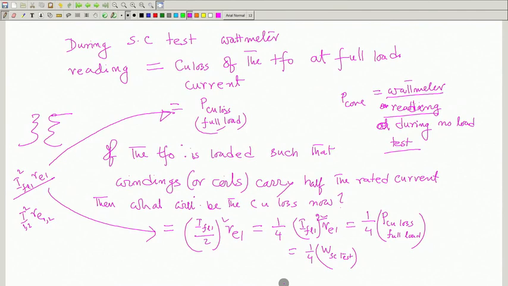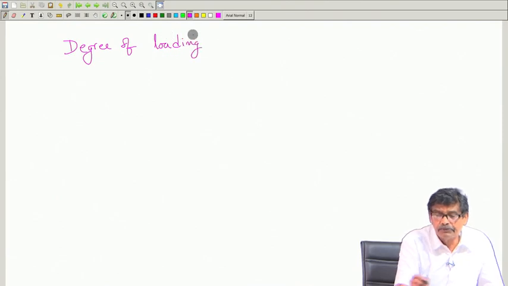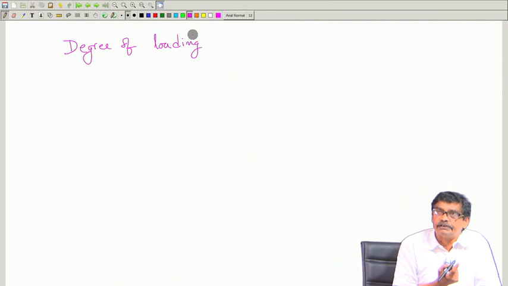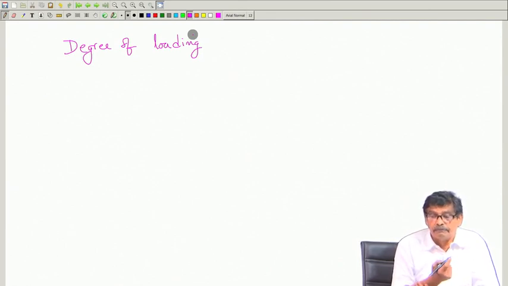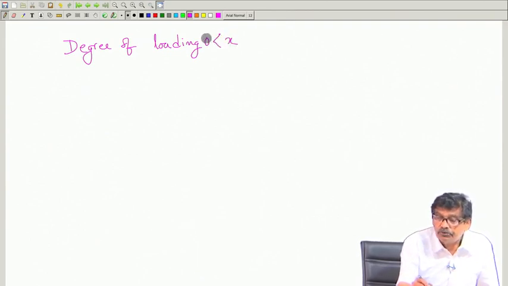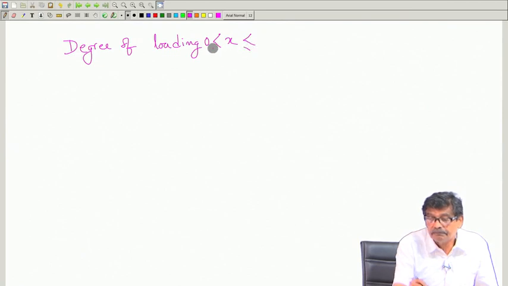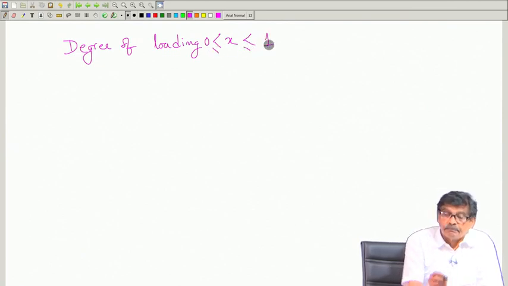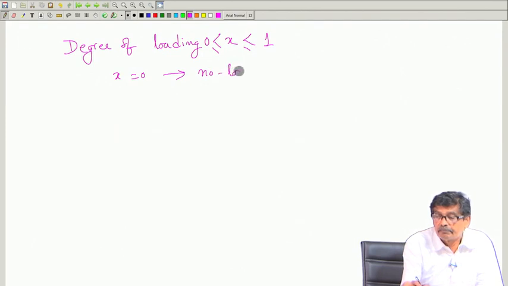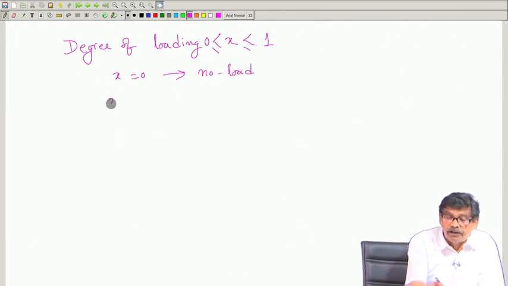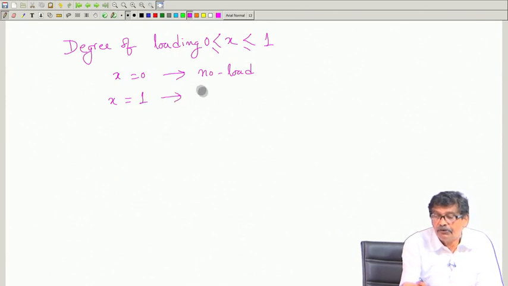I will use a number x, which I must define, the degree of loading with respect to the rated current carrying capacity of the coil. x goes from 0 to 1. x equal to 0 means no load, x equal to 1 is full load.